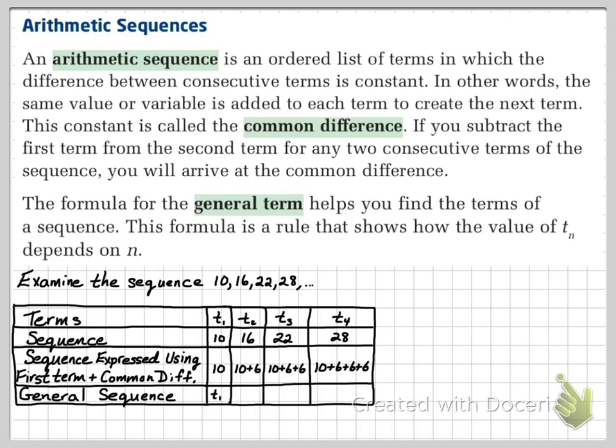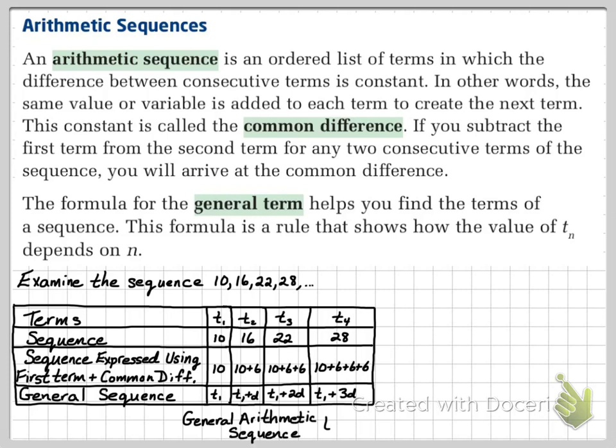So for the general sequence, term 1 is term 1. Term 2 is term 1 plus the common difference. Term 3 is going to be term 1 plus 2 times the common difference. And then term 4 is going to be term 1 plus 3 times the common difference. Now I think we can come up with a general term.